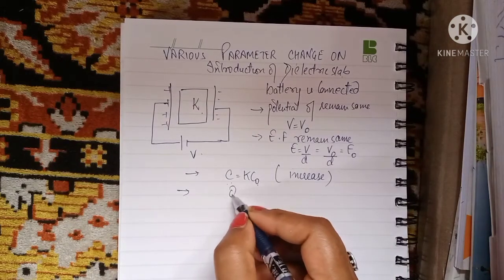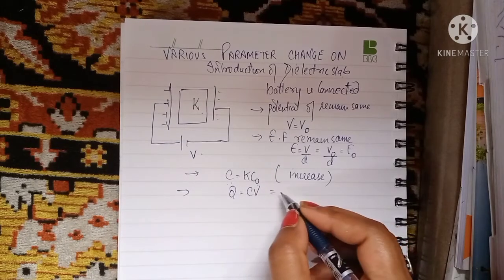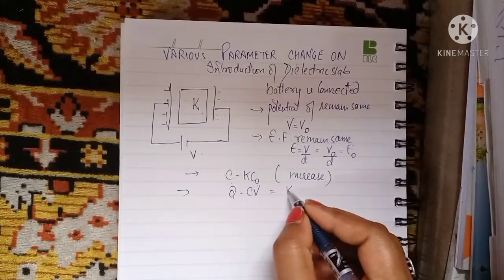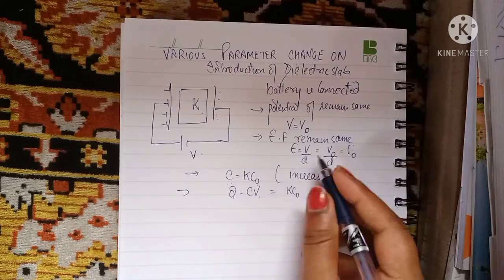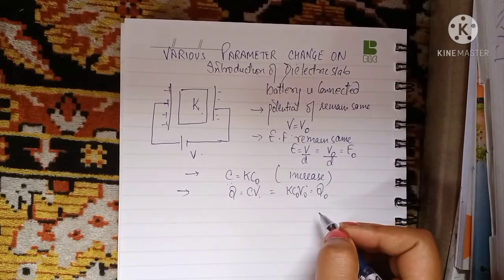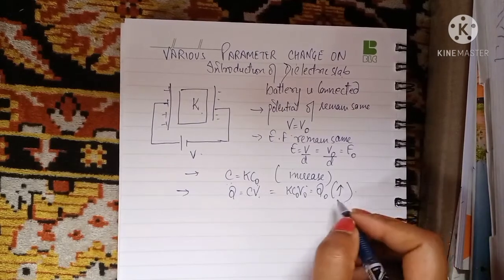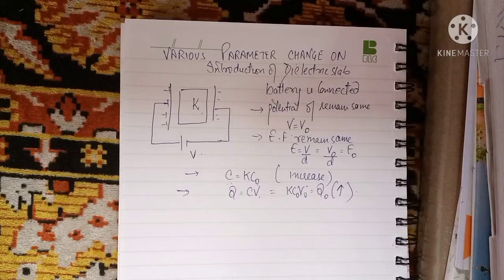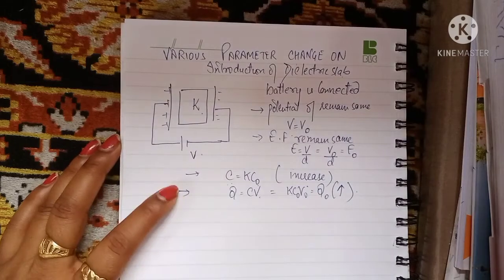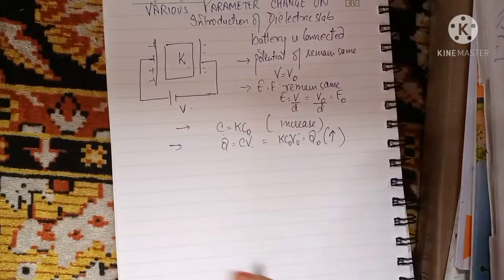And the charge Q is equal to CV, where C can be written as Kc naught and V as V naught, so the charge is also going to increase. So on introduction of a dielectric slab with the battery connected, only two things change, your charge as well as your capacitance, and potential and electric field remain the same.